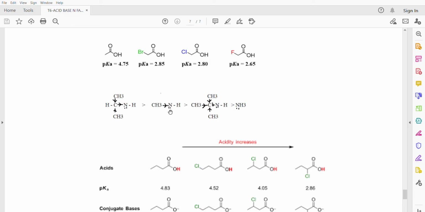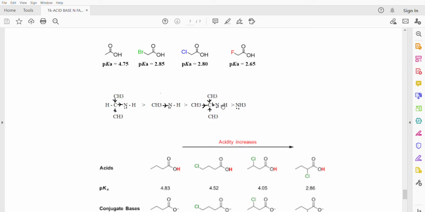Primary amine has one methyl group. It has an electron donating effect, so there is more electron density on nitrogen, so it is more basic. In dimethylamine, this electron donating effect is doubled due to two methyls. It is more basic than primary amine and ammonia. But in tertiary amine, due to bulkier groups and steric effects, the lone pair is not available.